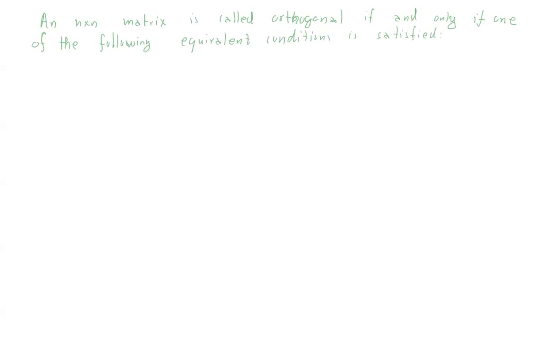First of all, the product of the matrix with its transpose is the identity matrix. The inverse matrix of the matrix is its transpose.